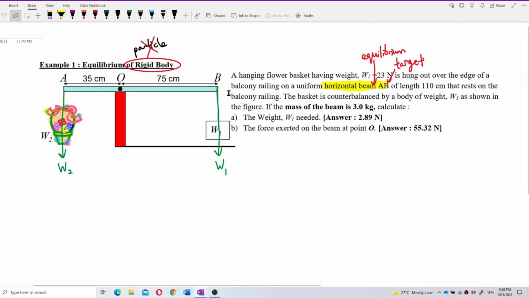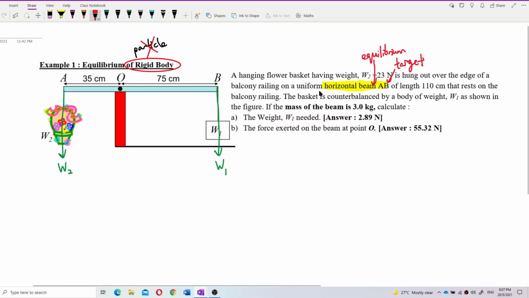And then he also said the whole beam has weight. He said this beam AB of length 110 cm, and the mass of the beam is 3 kg. So that means the beam itself also has mass, not just the W1 and W2. Normally for the beam, this is a uniform beam.